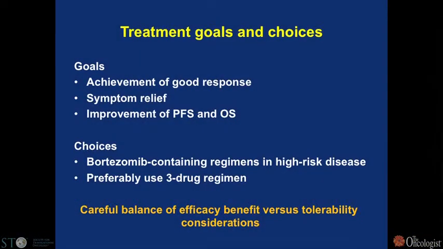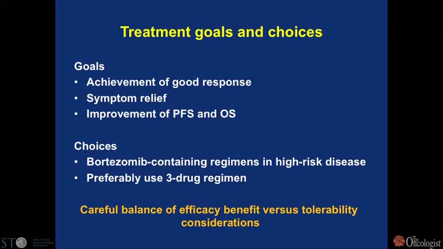So if you may summarize this part. So the goals are the achievement of a good response, a CR preferably, as you said, symptom relief, of course, and improvement of PFS and OS. And we preferably would use a three-drug regimen to achieve this, especially in the transplant candidates.